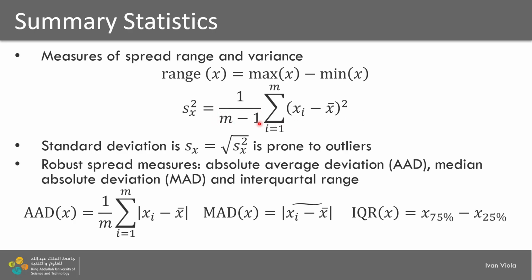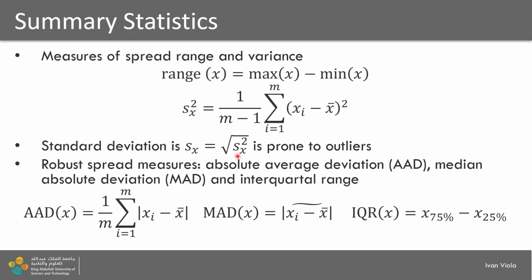If we had m here instead, we would be systematically underestimating the variance. With m minus 1, this estimate is the most accurate and closest to the true variance. Then from the variance, we can easily calculate the so-called standard deviation, which is just the square root of the variance.